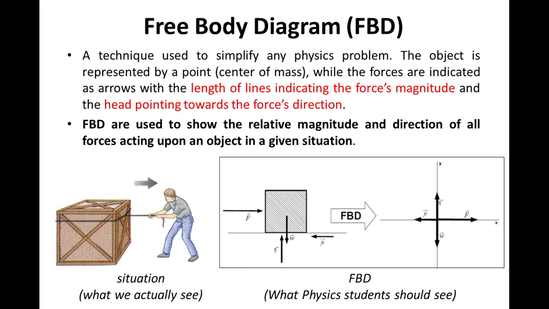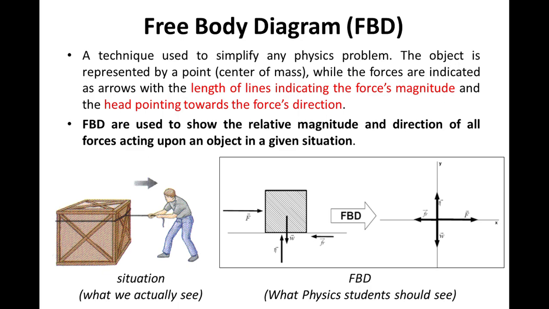So here, instead of just one force, the FBD tells us that there are actually four forces acting on the box. But how can we explain this? The box is only moving to the right. What happens to the other three forces?